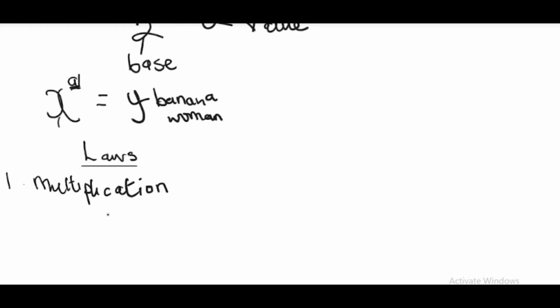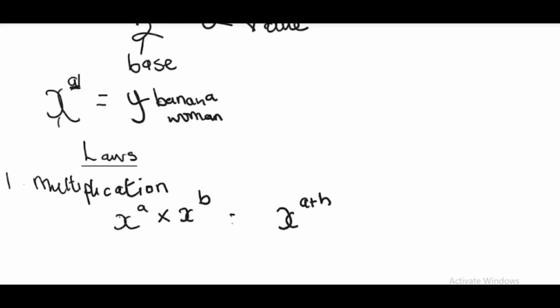So when the bases are not the same, we have no business applying these laws. So if I have x raised to the power of a times x raised to the power of b, the law of multiplication is saying that the powers can be added, given that the bases are the same.